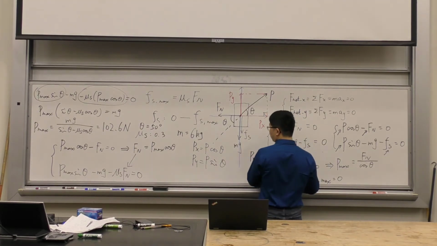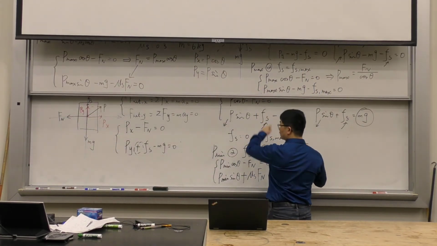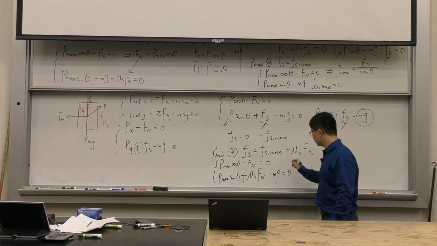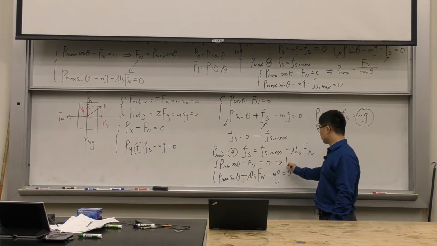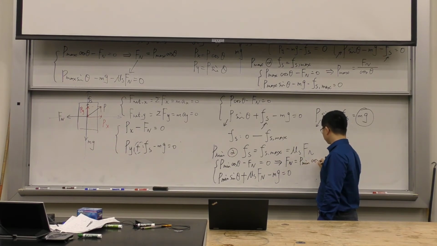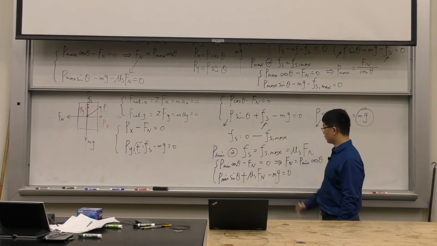And then you do the same thing. Okay, the easiest way, you use this to write Fn in terms of P min cosine theta. You plug it in, you're going to solve for P min.